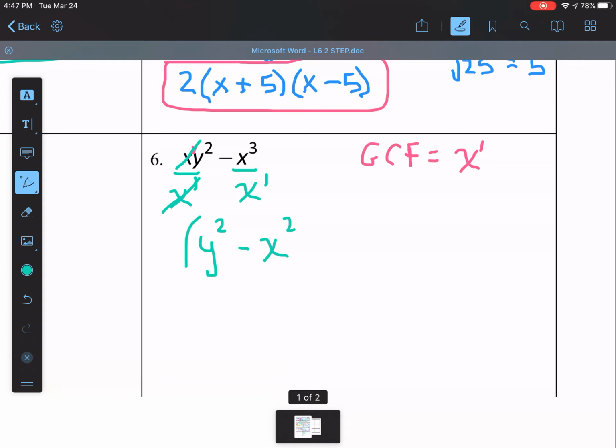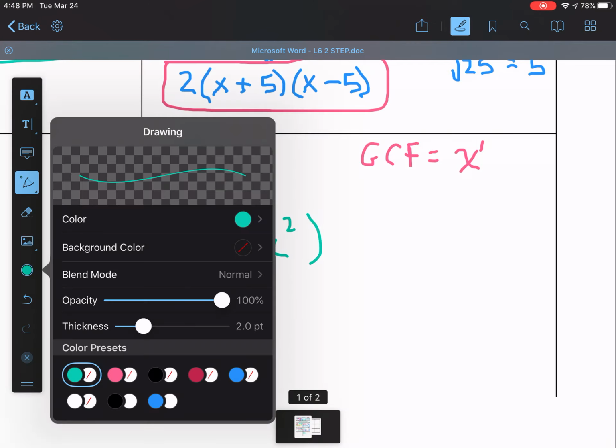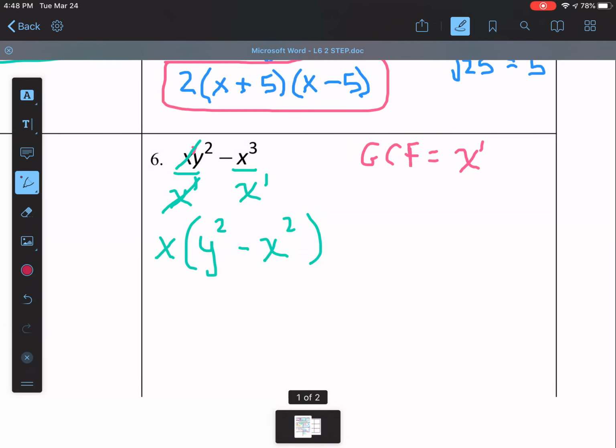And don't forget, you've got to bring your GCF down. So remember, we took out the x, okay? He didn't go away, he just stepped outside. All right? Okay, so now let's take a look at the y squared minus x squared. So again, we've got 2 terms, we've got subtraction going on. Both of these guys are perfect squares, so now we're going to be doing dots.